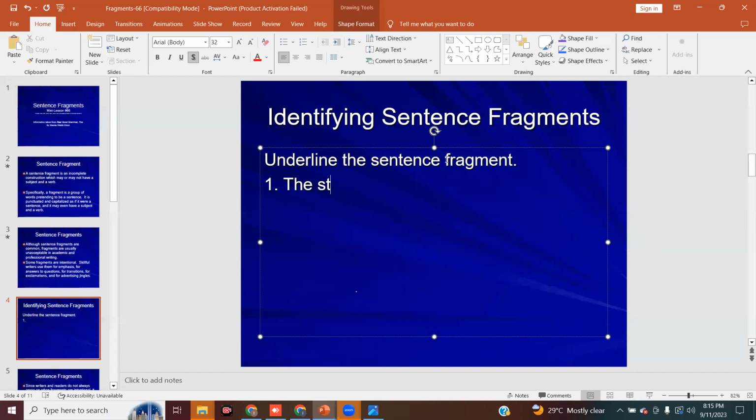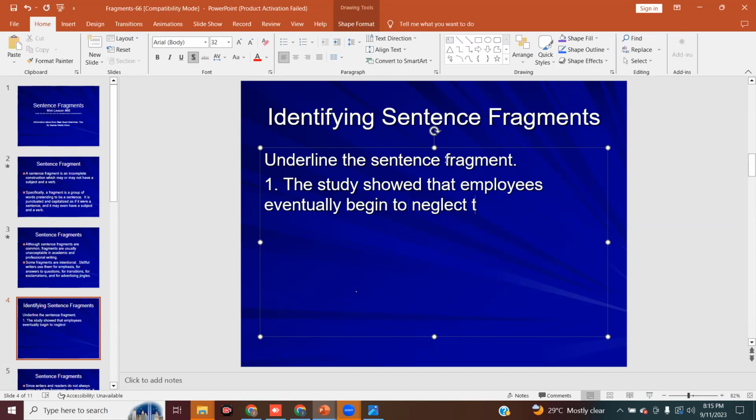The study showed that employees eventually begin to neglect their duties.